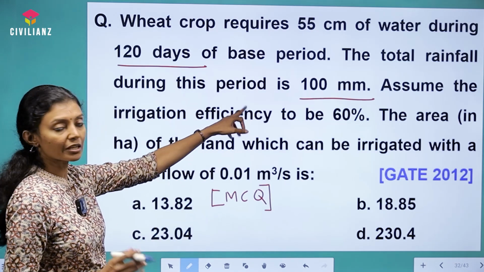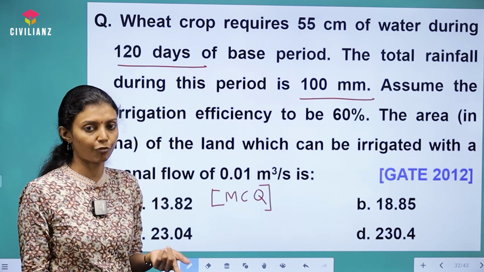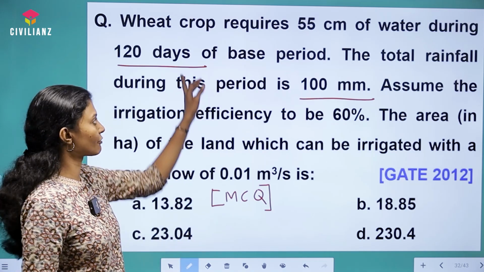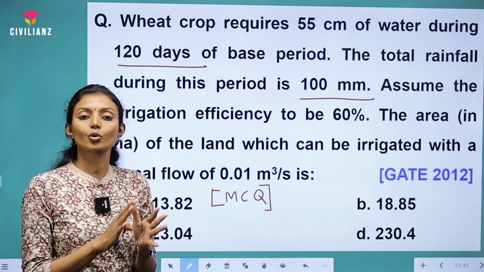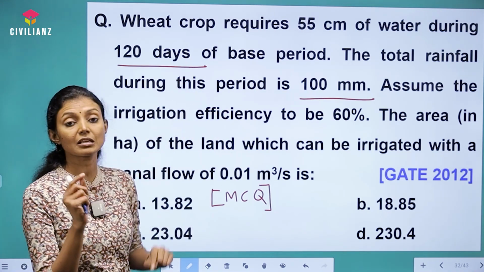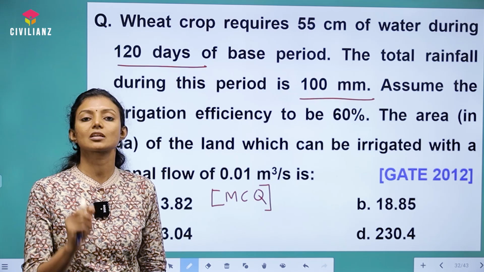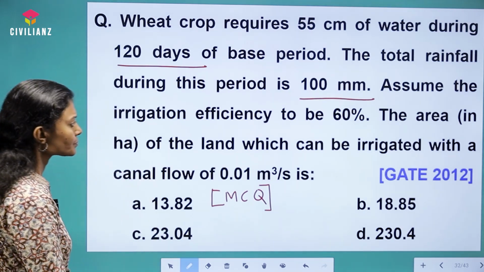Here 10 centimeter or 100 mm of water is provided by rainfall. So you don't have to supply artificially 55 centimeter, 10 centimeter will be provided by rainfall. So the remaining has to be supplied by us. That is 55 minus 10, 45 centimeter is the delta to be artificially provided.